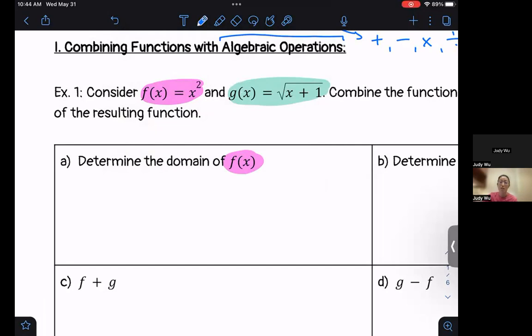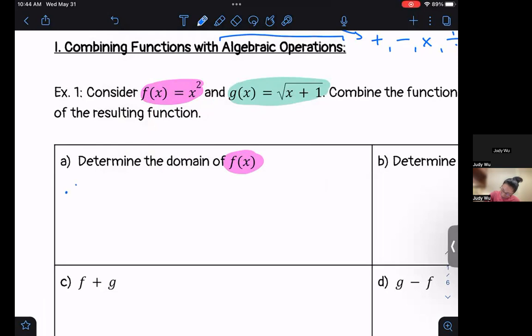Those are three pretty good groups to go with. Now I notice that x squared doesn't have a fraction in it. It doesn't have a square root or any other sort of even root. And so I can just think about the positive numbers, 0, and negative numbers.